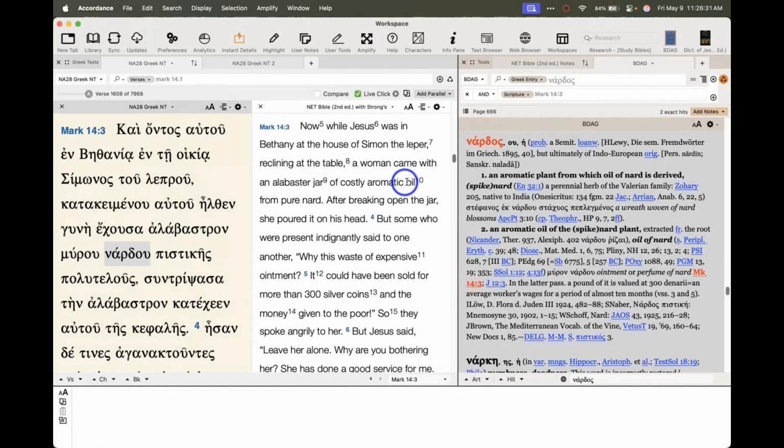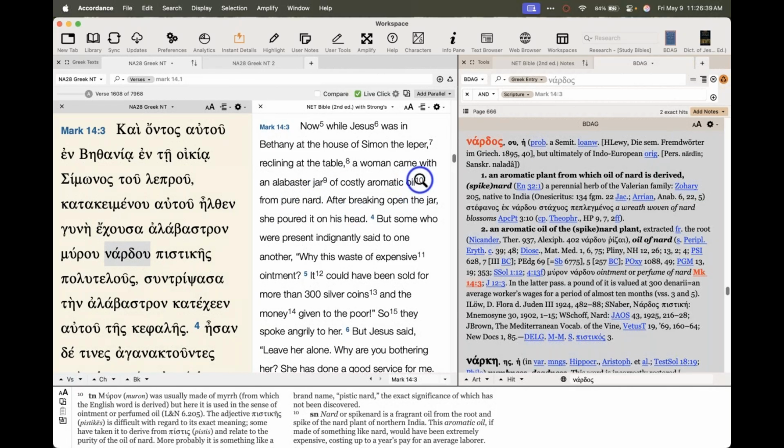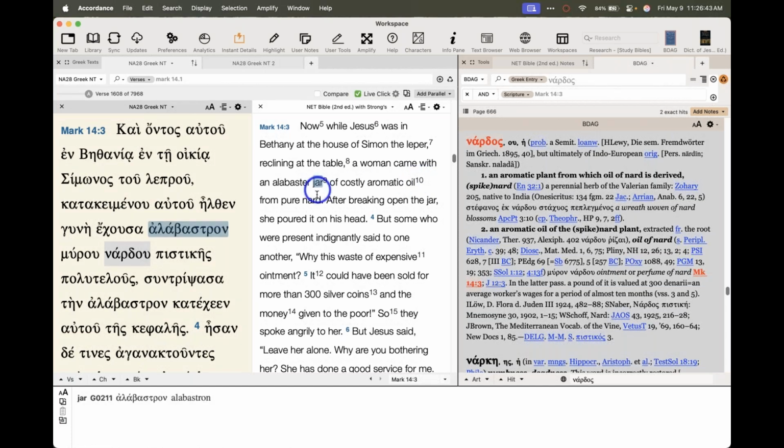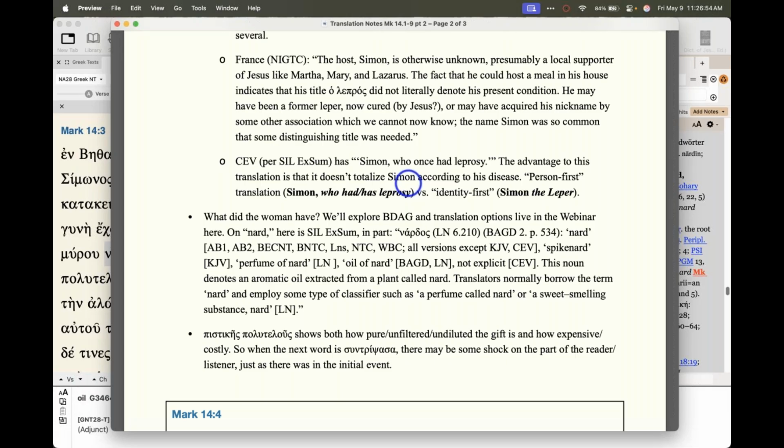But here you get costly aromatic oil from pure nard, which is an interesting way. We'll come to these adjectives in a moment, but this is an interesting way to cover this, I think, because it both renders nardou as nard, and with calling it aromatic oil tells you what it is. So I think that's an elegant translation.